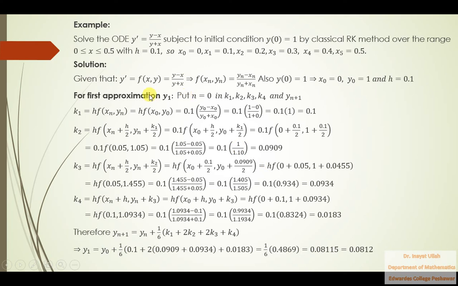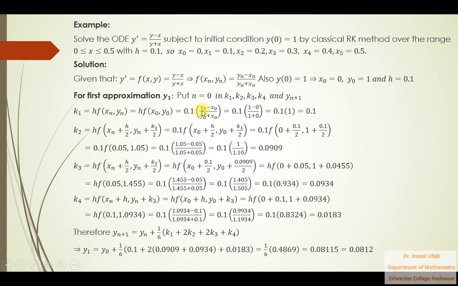That is for the first approximation y1, we have replaced n by 0. If you want to find the second approximation y2, we need to put n is equal to 1 in all those formulas. Whenever n is equal to 1, that will become x1, y1, and this formula will become y1 minus x1 divided by y1 plus x1. y1 is obtained here, 0.0812, and x1 is given to you, which is 0.1.